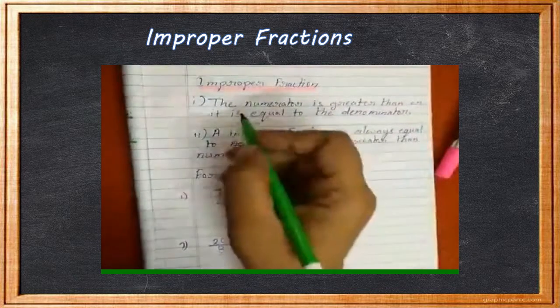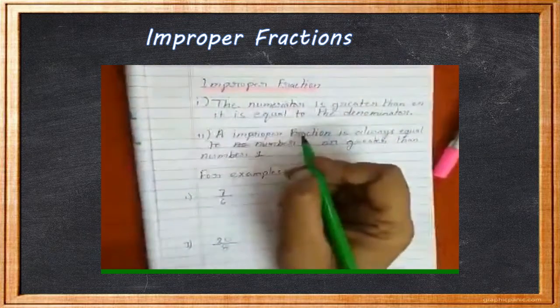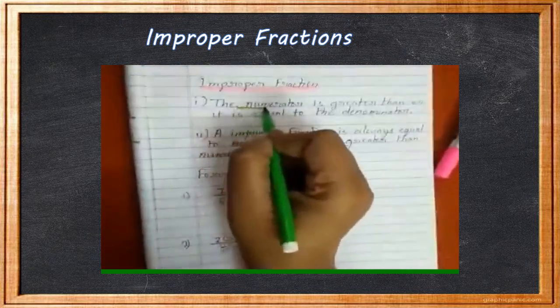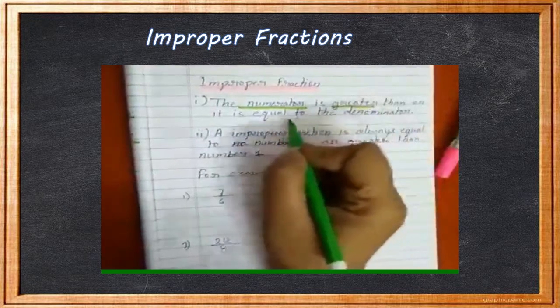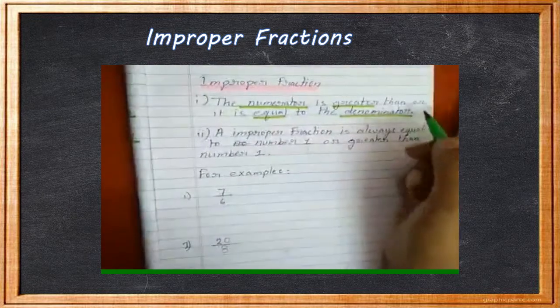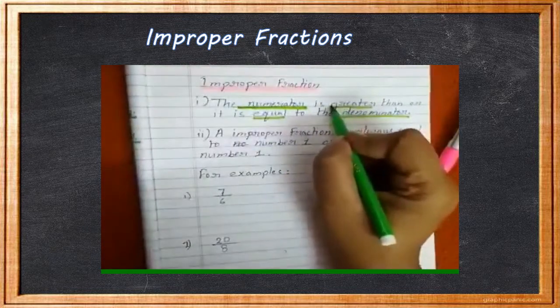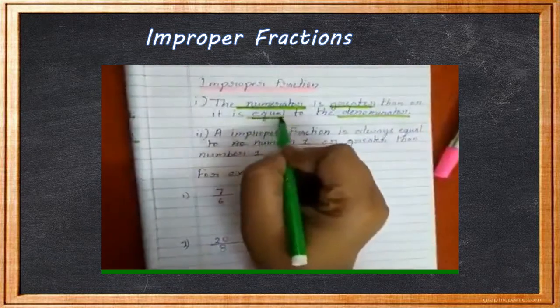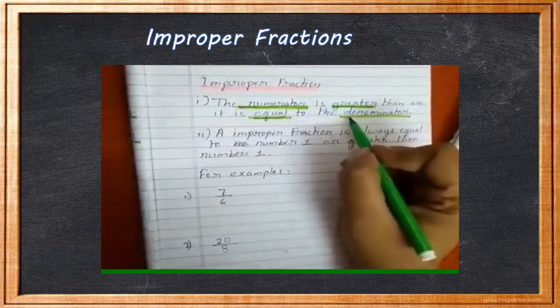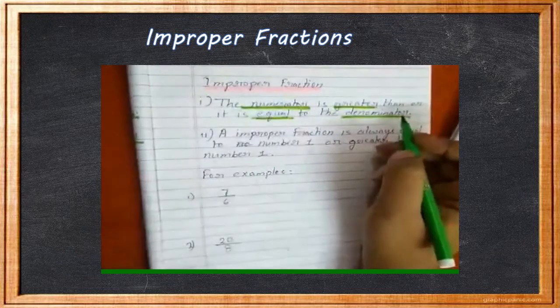Here again we have to check the numerator and denominator, but the only difference is that the numerator will be greater than or equal to the denominator. Is it clear, children?